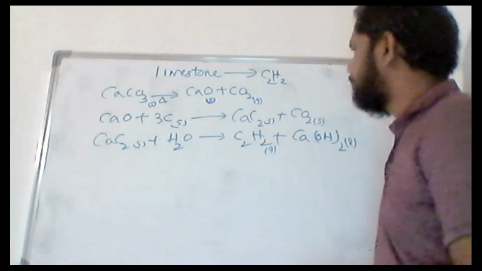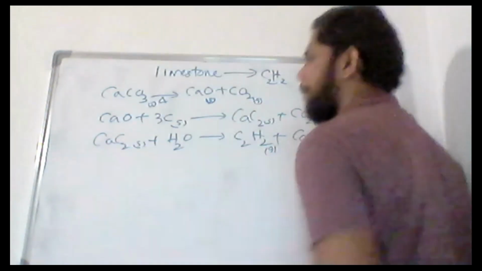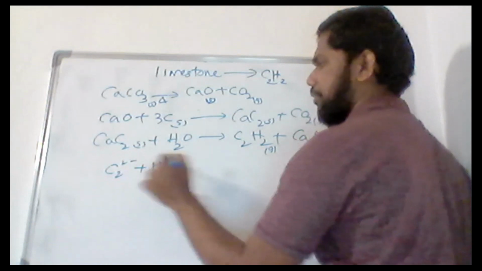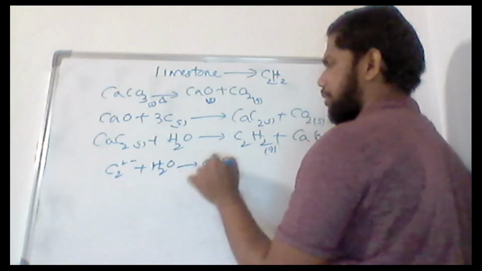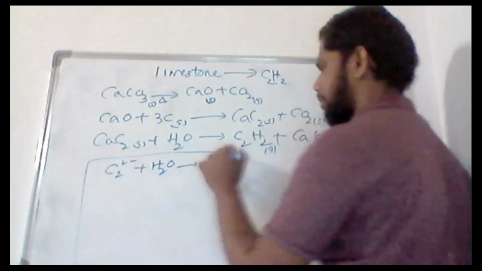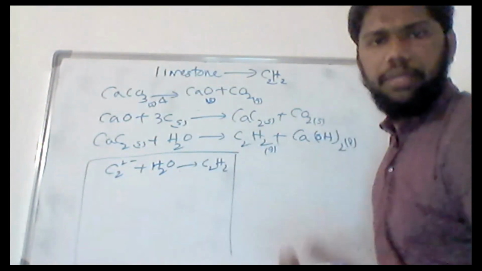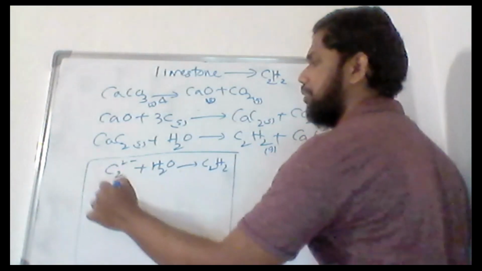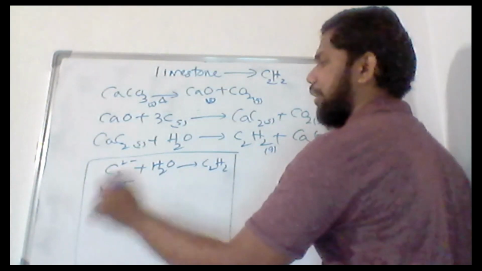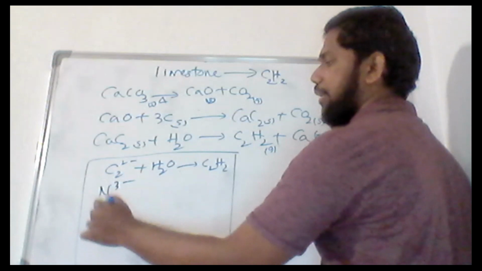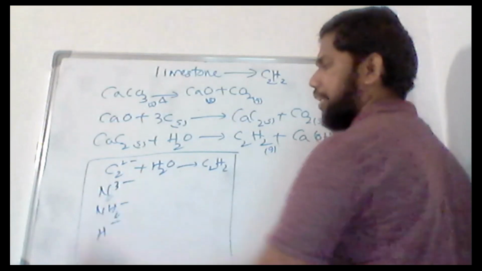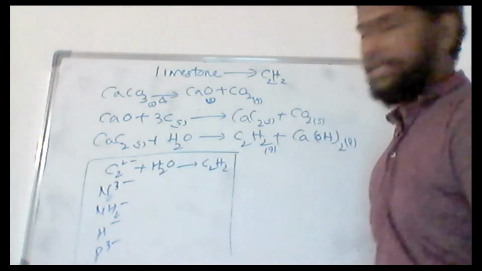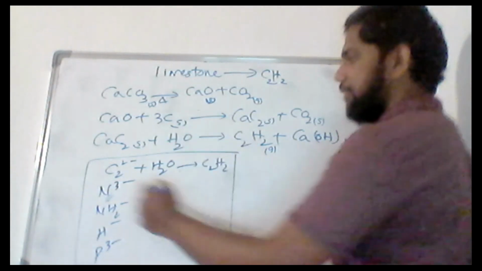because if you remember C2 2 minus plus water, if you remember about the anion analysis that we discussed earlier, C2 2 minus, or either N3 minus, NH2 minus, H minus, P3 minus, all these reacting with water would give gases, right?